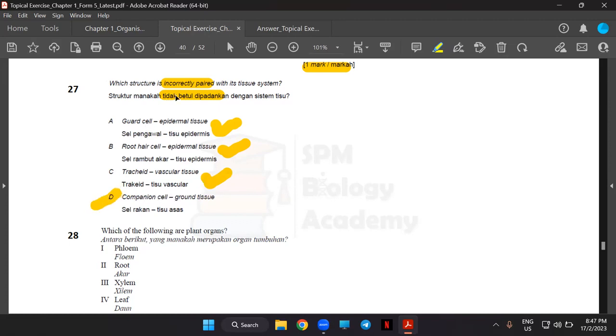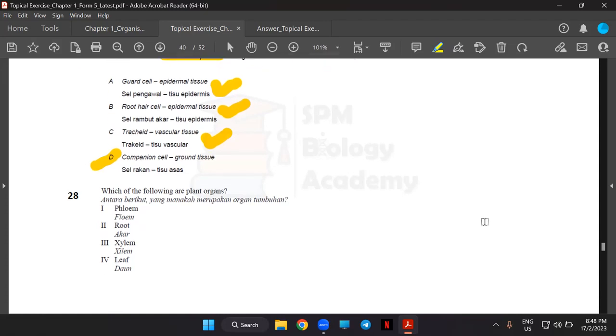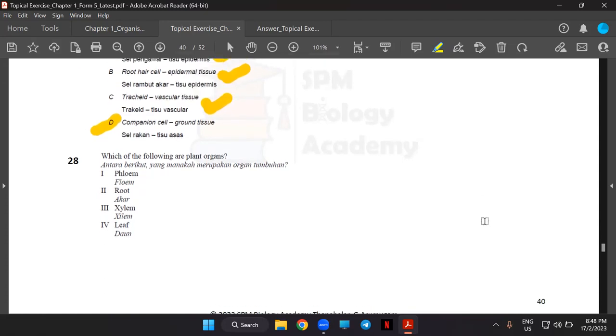Jawapannya ialah D, sebab soalan nak incorrectly paired, tidak betul padanan dia. So companion cell, ground tissue, no, bukan. Kalau ground tissue kita ada parenchyma, collenchyma and sclerenchyma sahaja. So companion cell bukan. Okay, 28. Which of the following are plant organs?